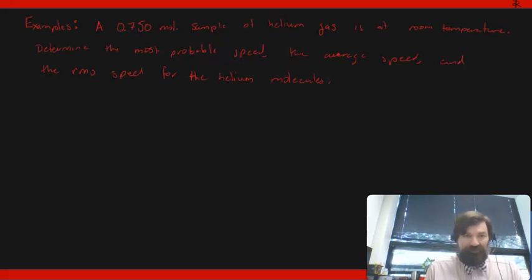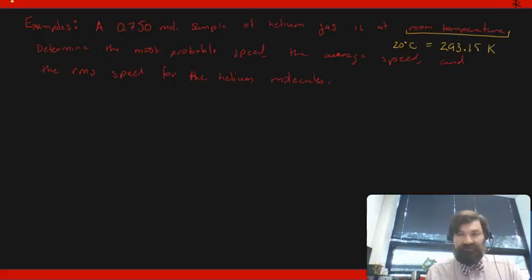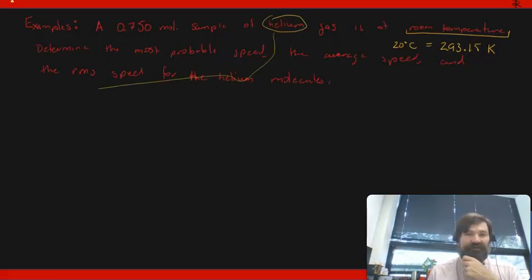Okay, in order to solve this, we first need to note that room temperature is 20 degrees C, but that is basically 293.15 Kelvin. So we're given a temperature. And second, we need to know the mass of a helium atom. Helium typically has four components: 2 protons and 2 neutrons.